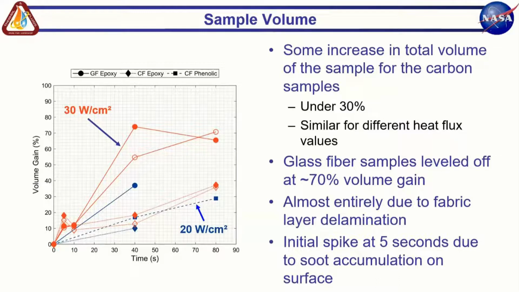And this is almost all due to fabric layer delamination, though that initial spike at the beginning at 5 seconds is due to soot accumulation on the surface and would probably not be seen in a real reentry with full high-speed flow. And then you can see that the increase in volume levels off for the glass fiber. This is because as the layers delaminate, they start to melt very quickly and then are blown away even by the fairly low speed flow in the plasma torch.